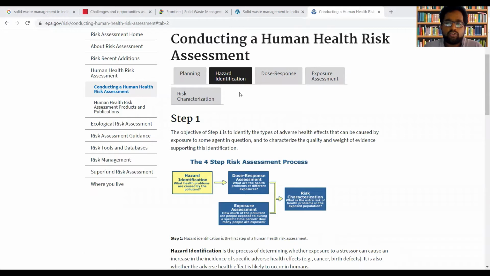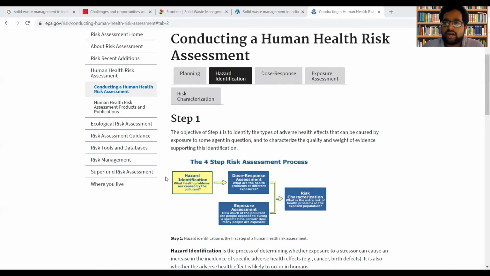Due to exposure to some agents, what are the different types of adverse health effects that are caused? Hazard identification means, for a particular pollutant, what type of health problem is caused by that pollutant.